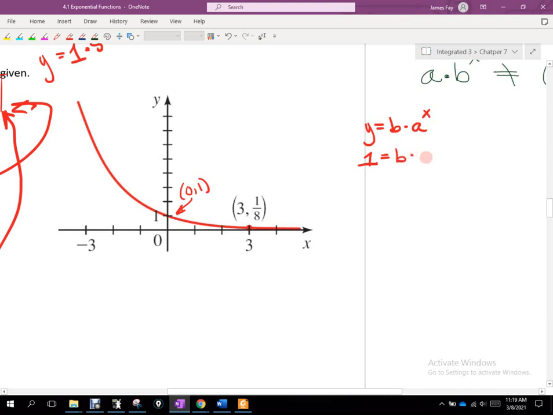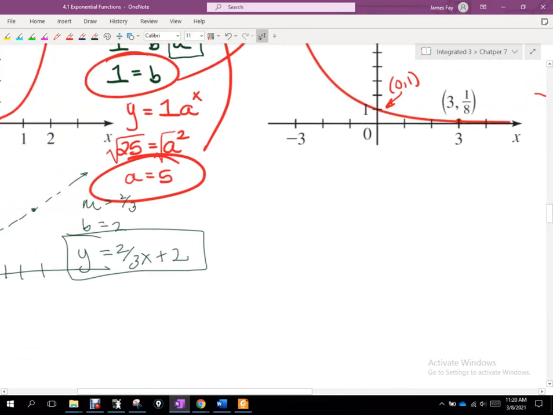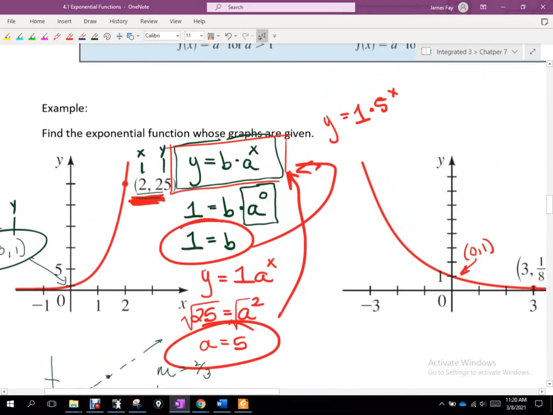B we don't know, A we don't know, but X is 0, right? So what does that tell me B is? Doesn't that thing right there turn into 1? So I have 1 times B, so B is 1, right?